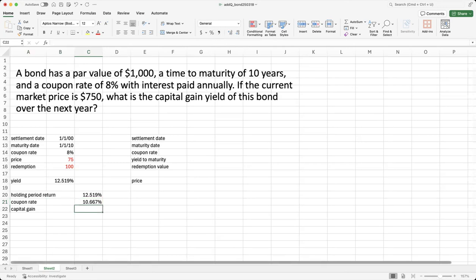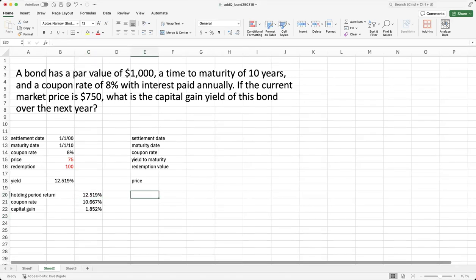The rest of that is capital gains. So that's the difference between the holding period return and the current yield. And I get 1.85%.